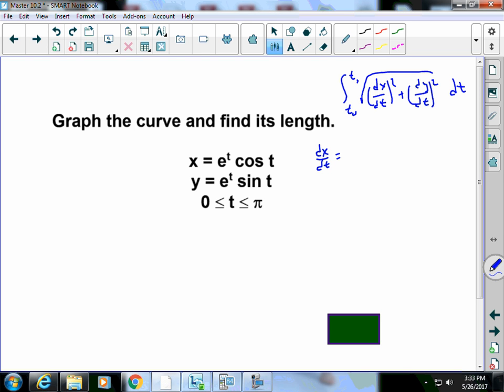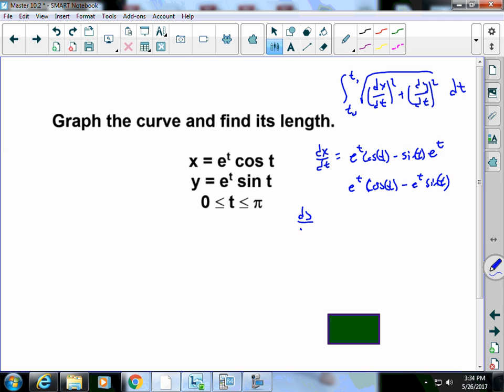The derivative of e to the t is e to the t times cosine t, times the derivative of cosine t, minus sine t, e to the t. We'll rewrite that as e to the t cosine t minus e to the t sine t, just to make it a little cleaner.